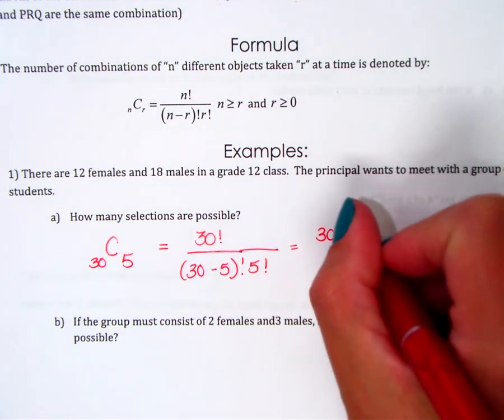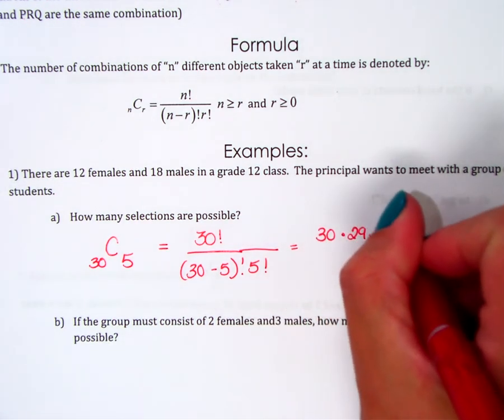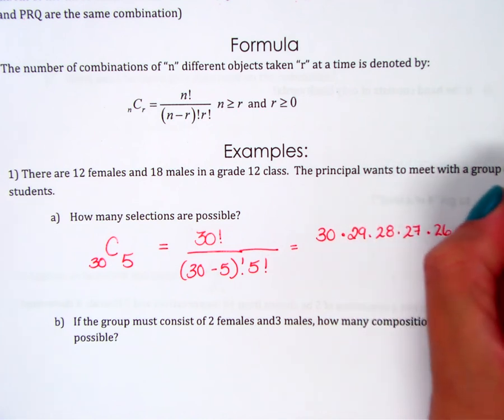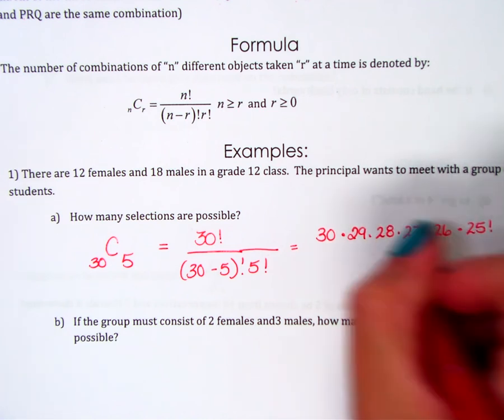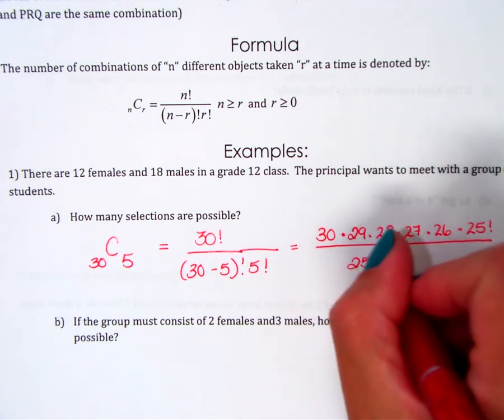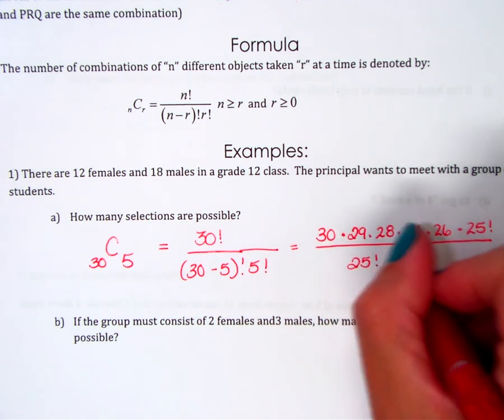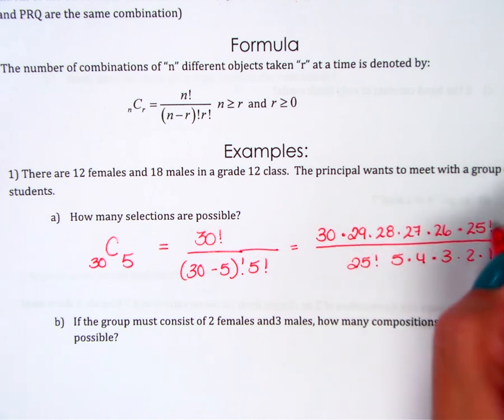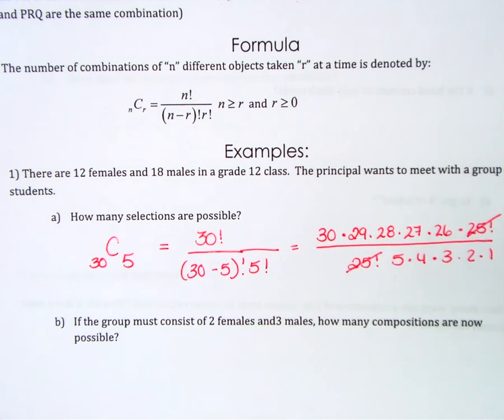We would have 30 times 29 times 28 times 27 times 26 times 25 factorial over 25 factorial times 5 times 4 times 3 times 2 times 1. So those cancel each other out.